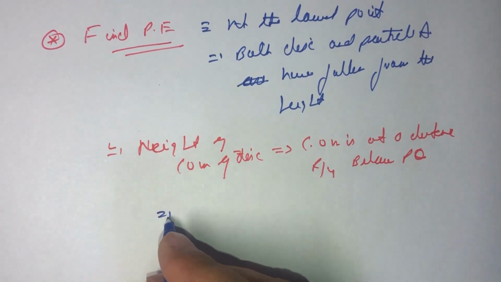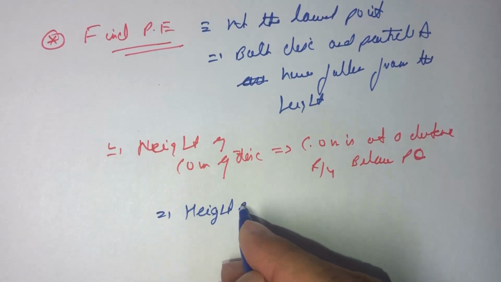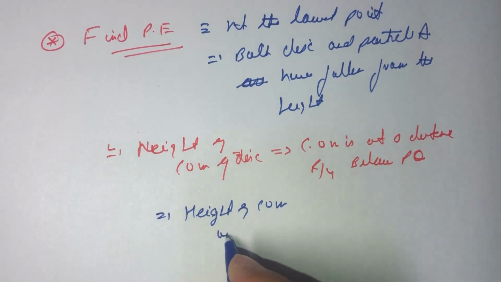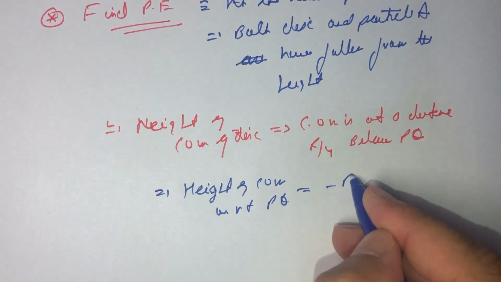So from here we can write that height of center of mass with respect to PQ will now be equal to minus r upon 4.